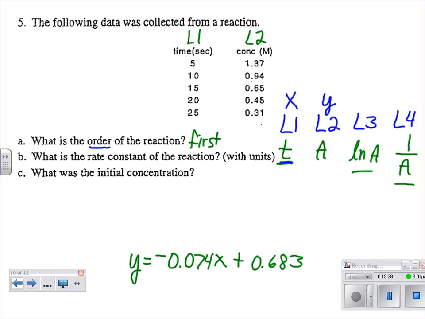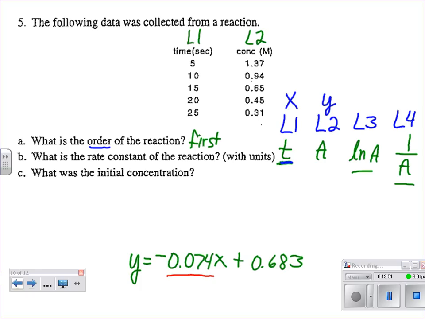To answer the next couple of questions, it says, what is the rate constant of the reaction? Our rate constant is going to be k, and this is the information that gives us k. If you look back at your equation for this first order reaction, it's actually negative k.